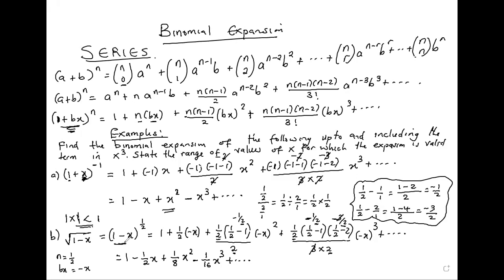So we pick the B part, negative x, put it in the modulus less than the A part, so that we get the modulus of this less than 1. So though the two expansions are different, they have the same range of validity.